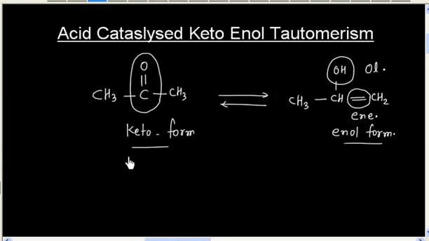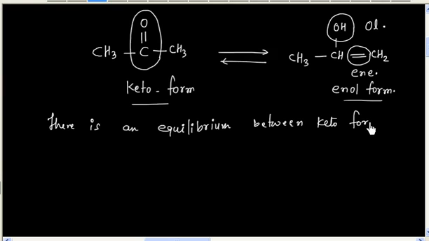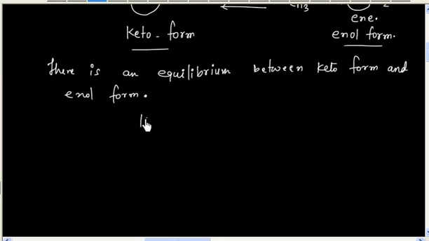So we have an equilibrium between keto form and enol form. And this equilibrium is called Keto Enol Tautomerism.